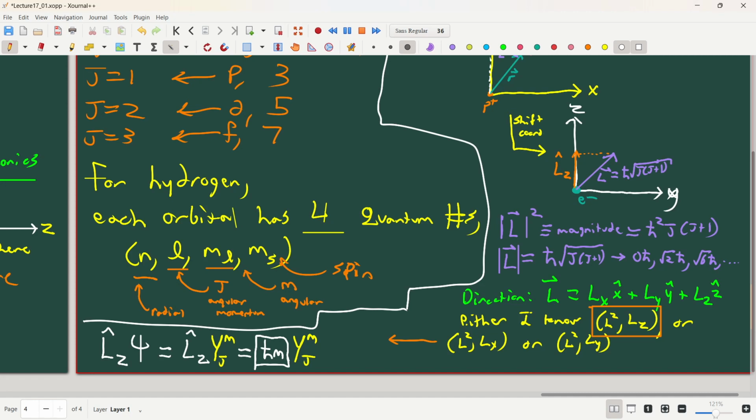So L tells you something about the way that the electron precesses around the atom. If the atom's z-axis is in this direction, and m is 0, which means it has no component along the z-axis, then classically the electron is orbiting around the equator of the hydrogen atom. Now it's not really the equator, it's three-dimensional, so we have to be careful.